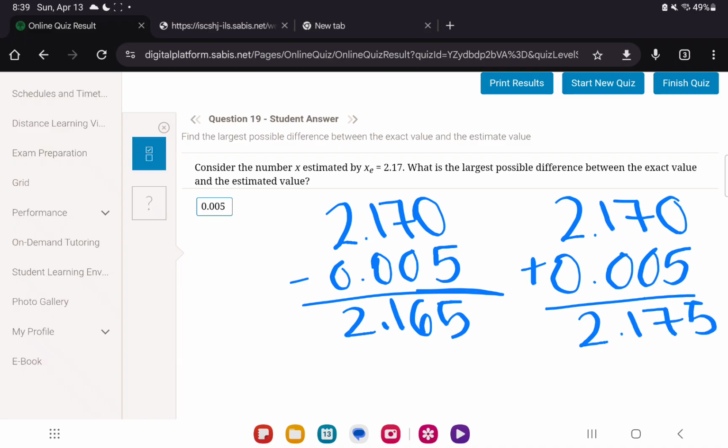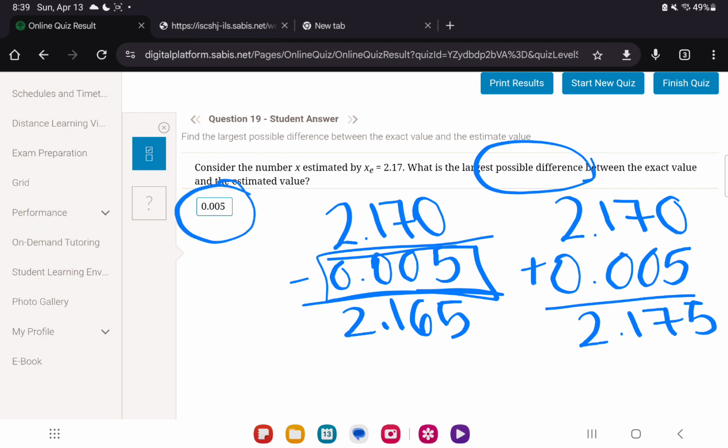Okay? Or you don't even need to do all that, just whatever the number here is, because that's our largest possible difference, that's the one you have to put when they're asking for the largest possible difference, okay? That's what you have to put. You don't even have to do the minus and the plus. I'll show you when you need to do that.